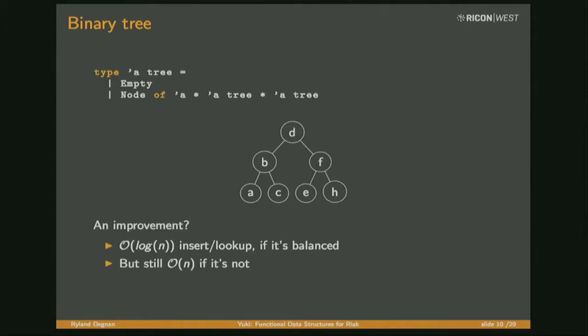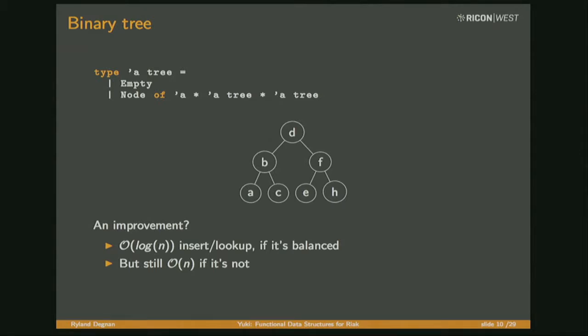So in OCaml, this is the way you might implement a tree of type A. In our node, we're storing some value A, and then there's two pointers to the left and right subtree. If I was going to put this in Riak, I would make those links or store it within some sort of JSON blob so that I could later go and access those subtrees.